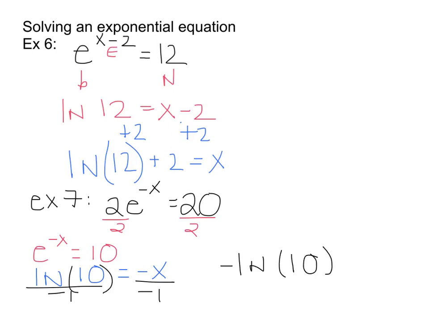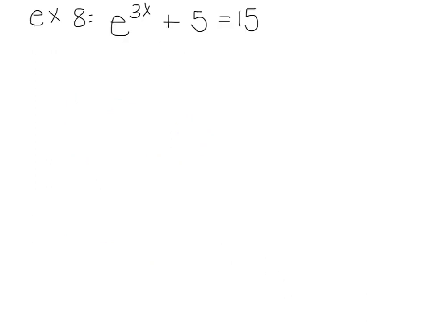So you might want to add your parentheses as soon as you change it to log form, because you cannot ever change that number after you switch it to logarithmic form. e to the 3x plus 5 power, e to the 3x power plus 5 equals 15. So first thing, get the e by itself, so let's subtract the 5.